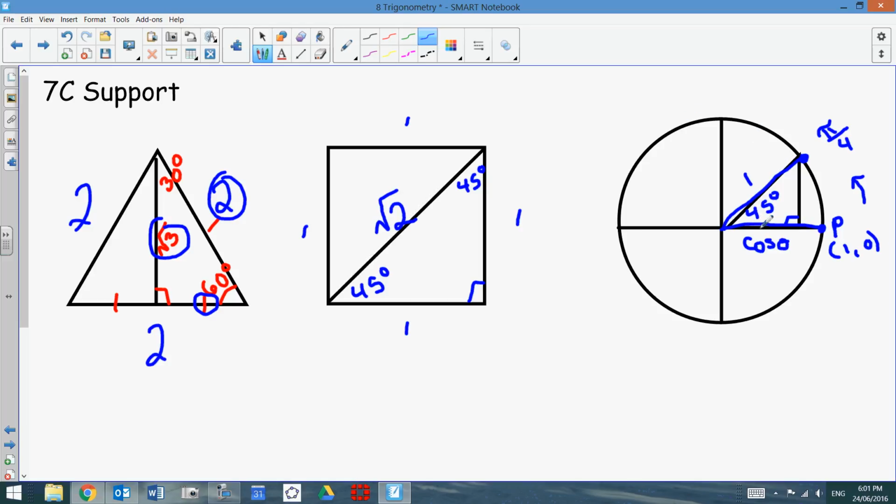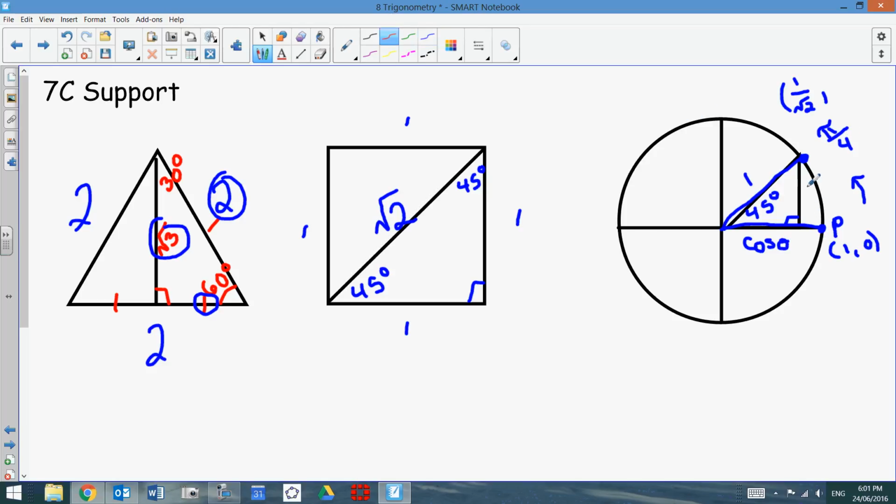So my cosine value is just as if I were standing here at this 45-degree angle. Adjacent is 1 over hypotenuse, square root of 2. So 1 over square root of 2 gives me my cosine value. If I talk about this point, 1 over square root of 2 is my x value, or my cosine value.